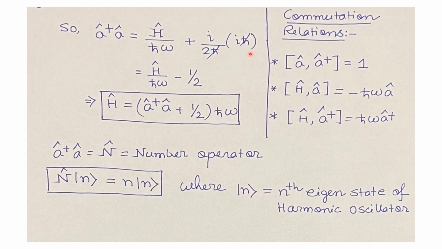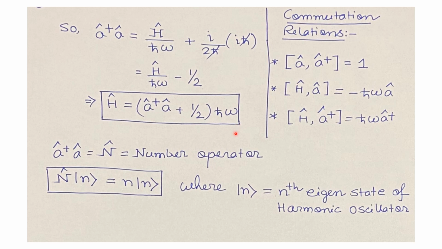So from the numerator and denominator, h cut will be cancelled out, and the multiplication of i and i will give -1. So we can write a cap dagger times a cap equals h cap divided by h cut omega minus half. From here, we'll get an expression for the Hamiltonian operator, that is h cap, equals a cap dagger times a cap plus half, these terms in the parenthesis, times h cut omega.